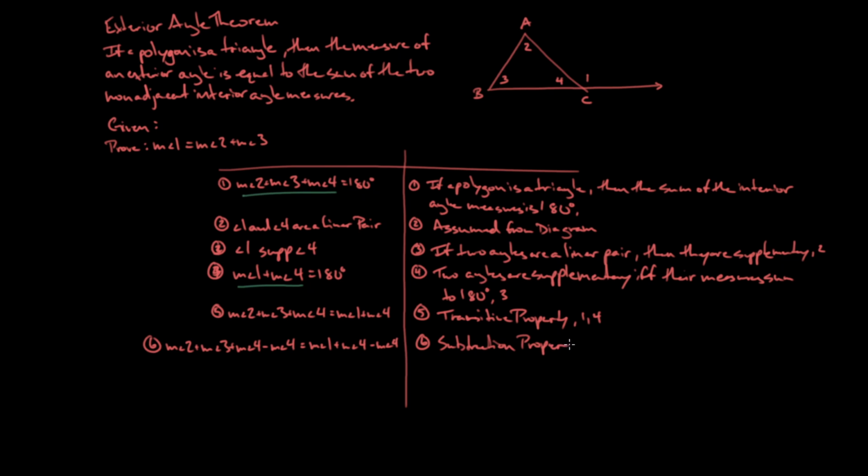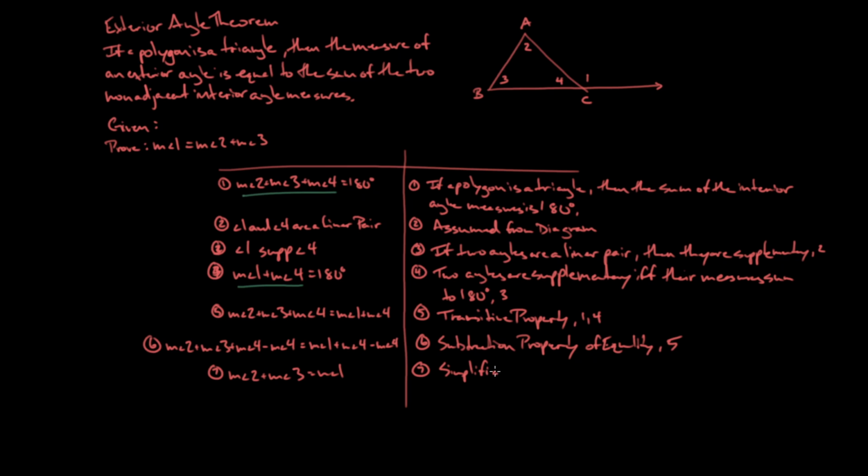Whatever I subtract from one side, I have to subtract from the other. Subtraction property of equality. And that just comes from the previous statement, what I'm subtracting, which was 5. And then I just need to simplify, and I am done. So statement number 7, the measure of angle 2 plus the measure of angle 3 is equal to the measure of angle 1. And that is just simplification.